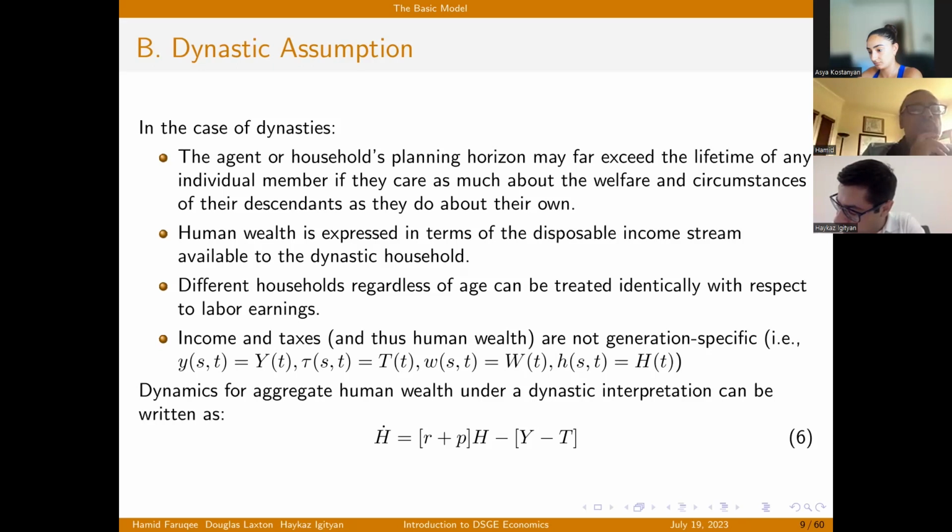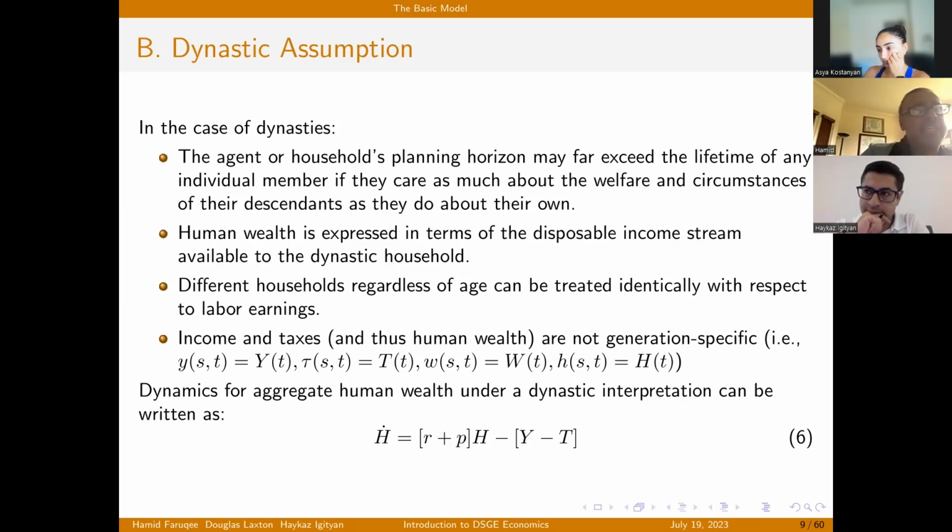And so when you make that assumption, all households in the model can be treated identically with respect to labor earnings. So every dynastic household earns the same amount. Their family businesses are all earning, under this symmetric assumption, the same amount regardless of their age. So if you do that, income and also labor taxes are not generation specific.